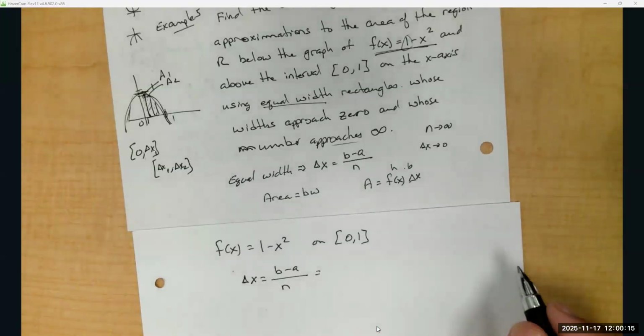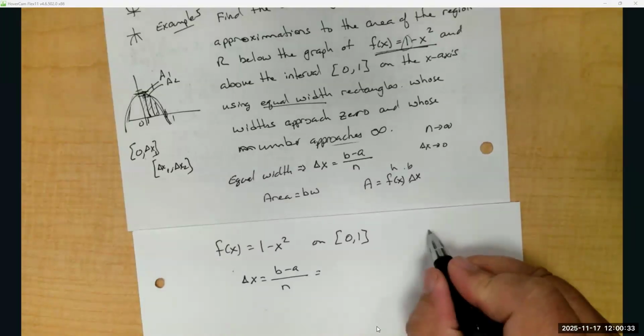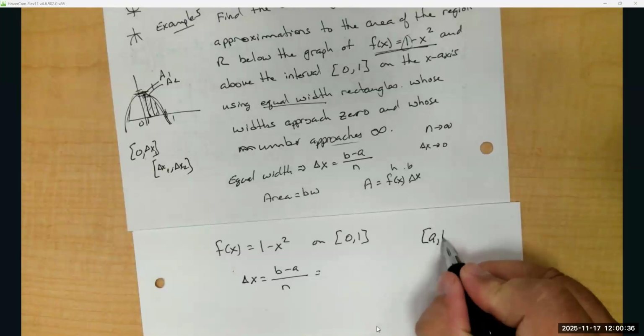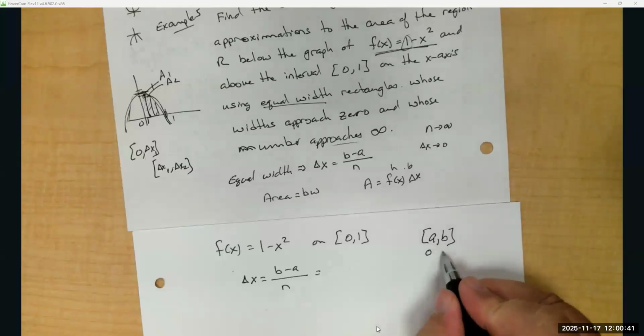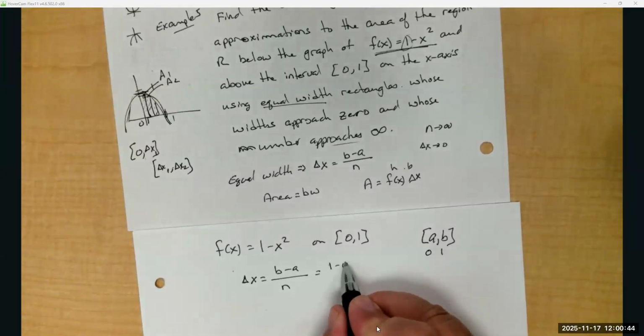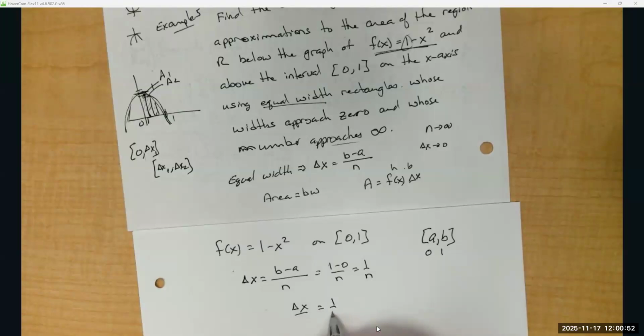What is a? 1 minus 0? Yeah, because whenever we talk about closed intervals, we're always talking about going from A to B. So A is 0, B is 1. So our delta x is equal to 1 over n.